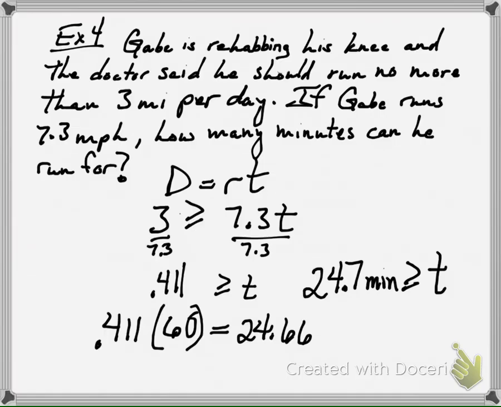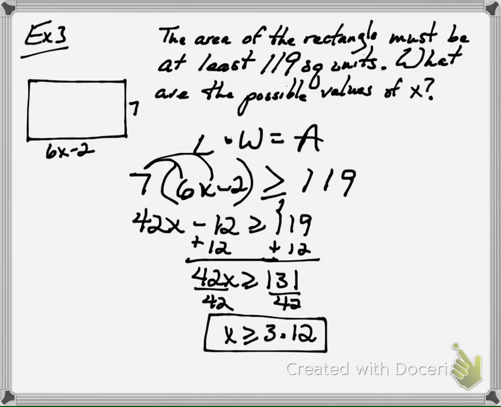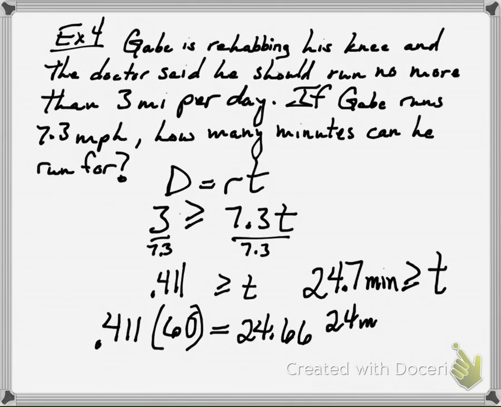Ooh, here would be fun. Do you know how to find how many seconds? Yeah, you just take off that 0.7 and multiply it by 60. So let's do that. 0.7 times 60. This is just for fun. This isn't even part of the problem. So now you're talking about 24 minutes and 42 seconds.